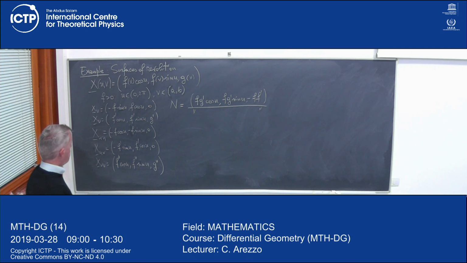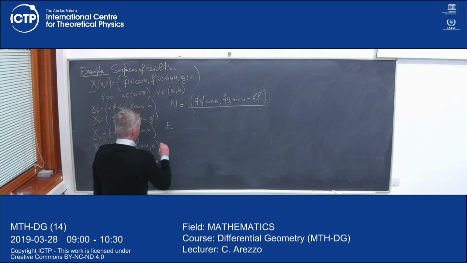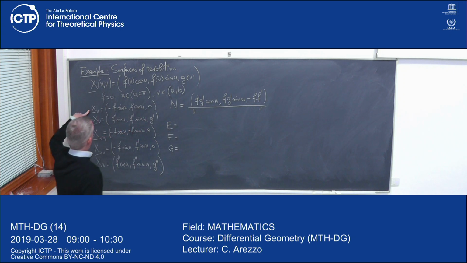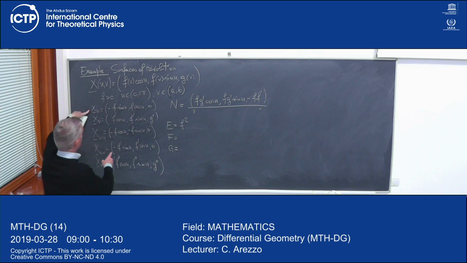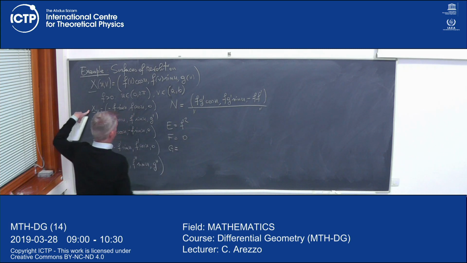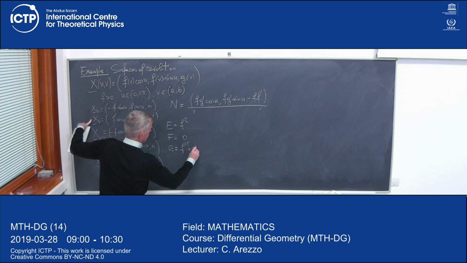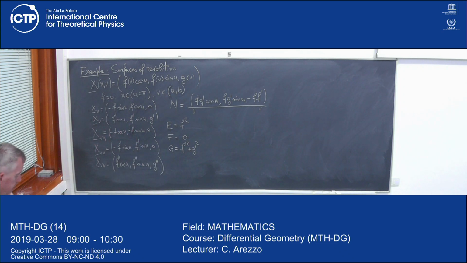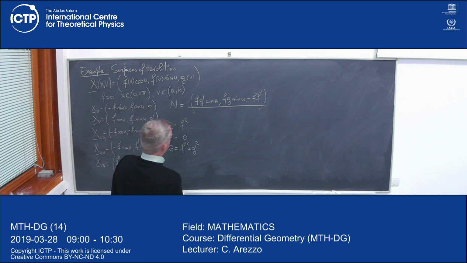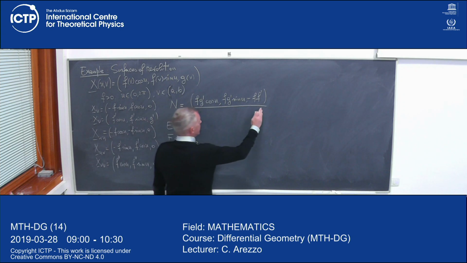And now E, F, and G. F squared. Zero. Every time you are lazy, you pay the price.